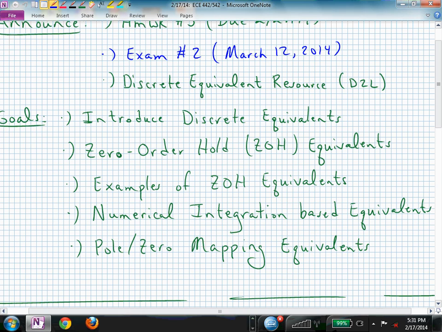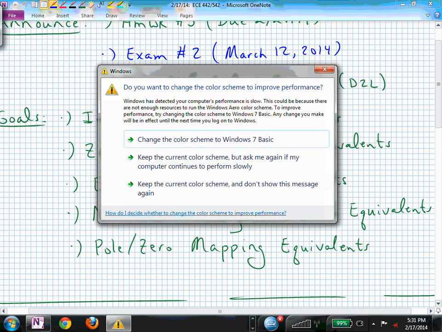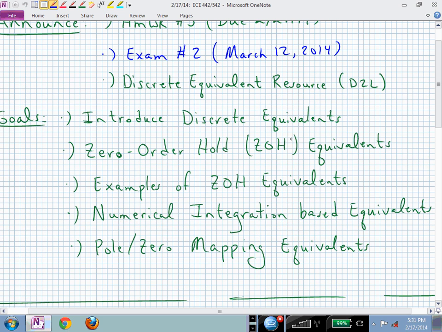What we want to do today is get into that topic. I'll try to motivate that with some block diagrams. And then we will probably spend most of today dealing with zero-order hold equivalence, or systems, plants that are preceded by a zero-order hold. And hopefully that will start to become clear as we go on.